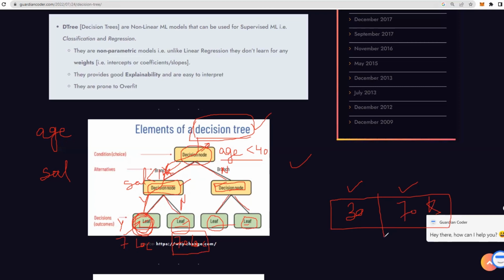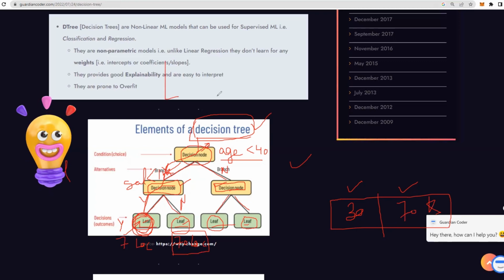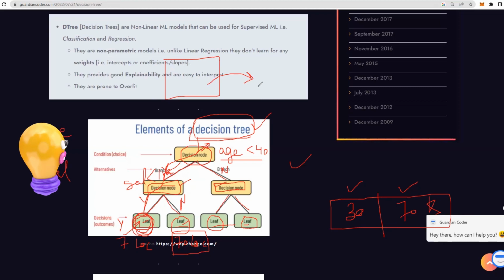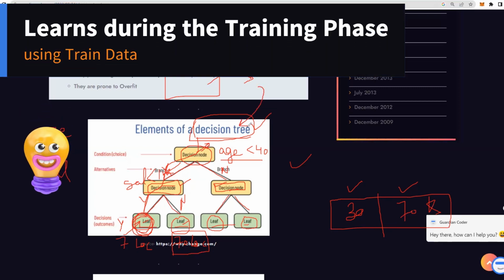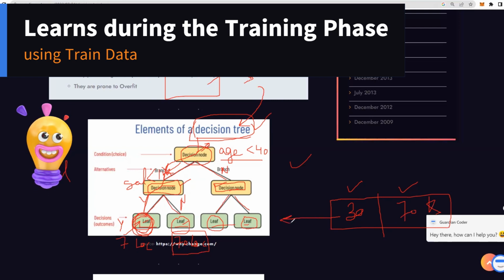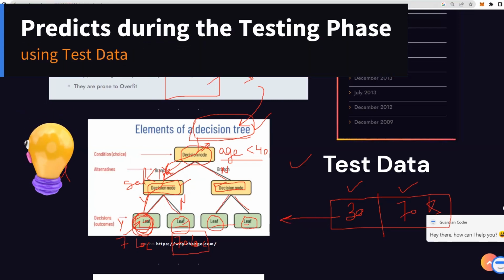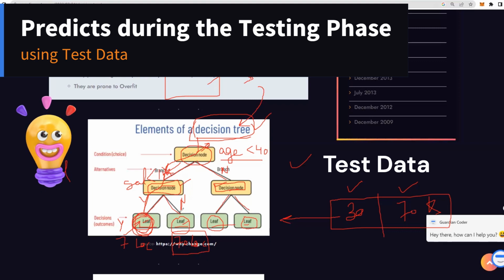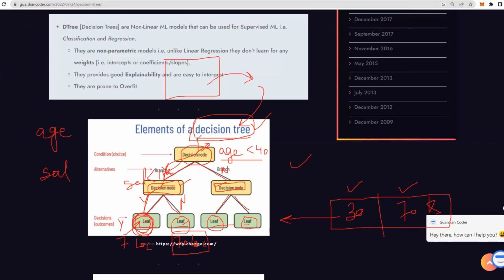Getting my point? So the question is how this decision tree is built. From the training data, when we train the decision tree model, it learns all this information and plots this kind of tree, so that on the test data, when you want a prediction, you run the test data over this trained, or learned, tree to get your prediction. That's how the decision tree model works at a very high level.